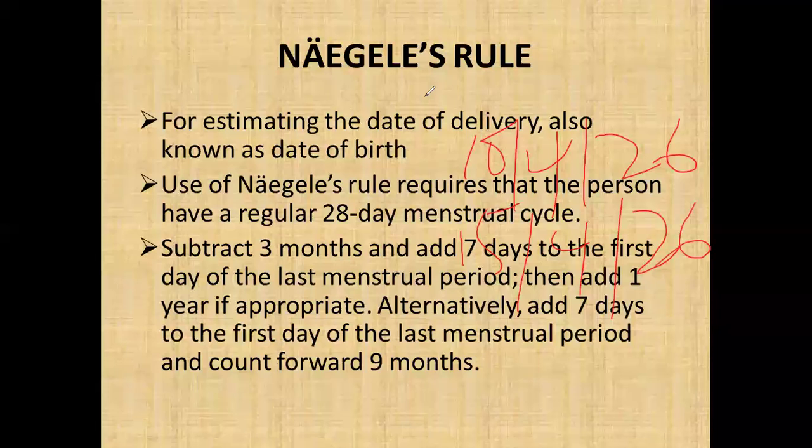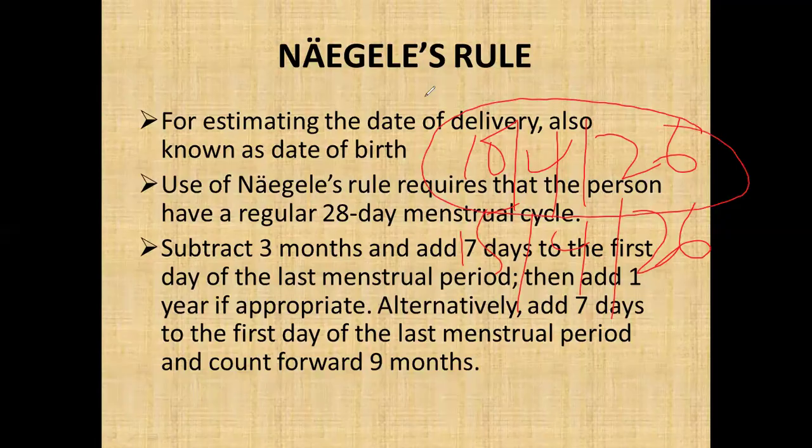And we had to determine the estimated date of delivery for this patient. And so we said that to determine it, add 7 days to the first day of the last menstrual period. And so the 7 days will be added to this date, not the second one, because the first one is the first day of the last menstrual period. And so we are having 17.